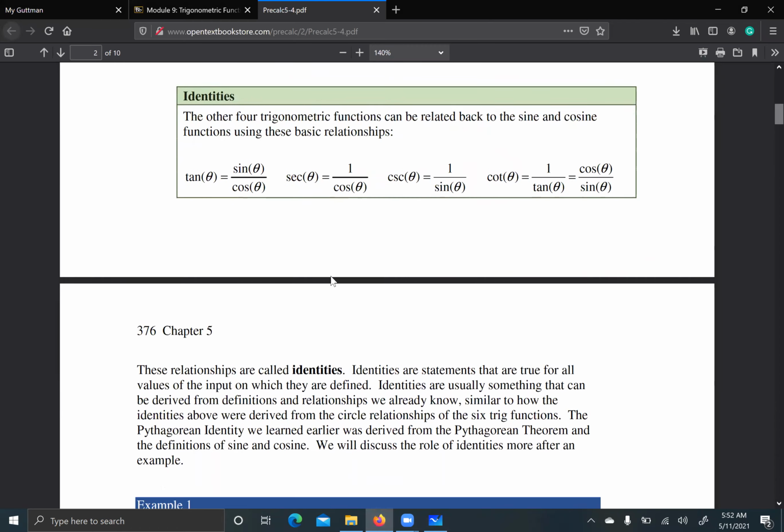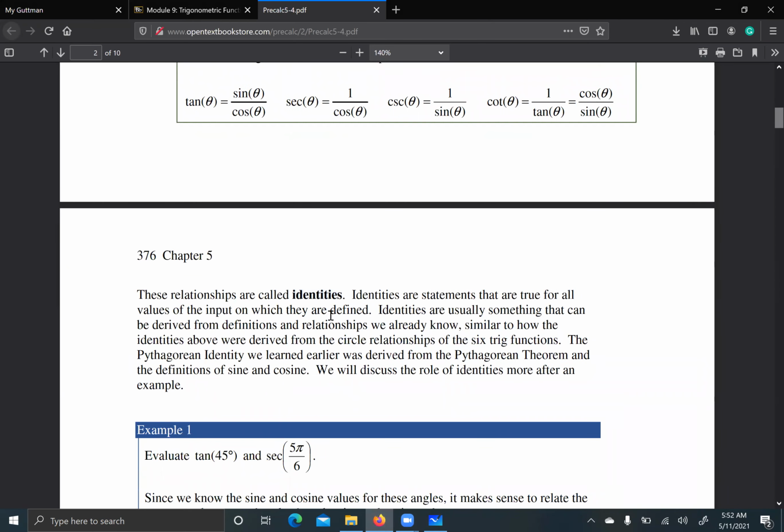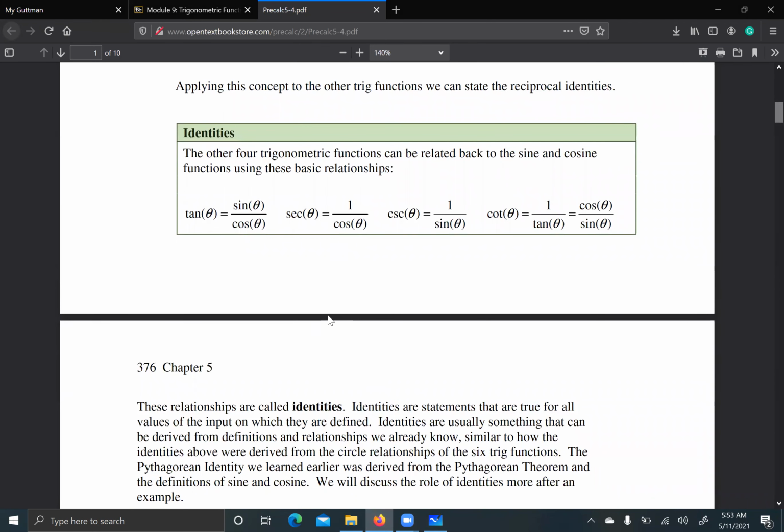So in general, what are the identities? When we study trigonometry, we always deal with identities. So let's make clear what we mean by identities. Identities are equations that are true for all the input values in the domain. For example, if you say tangent is sine over cosine, this equation holds for all the input values in the domain of tangent.